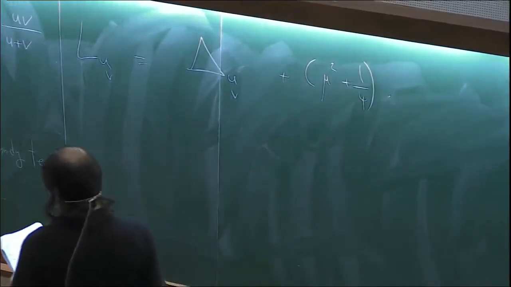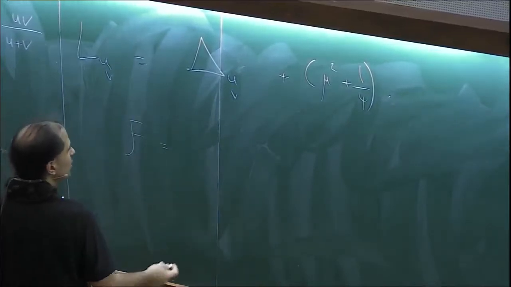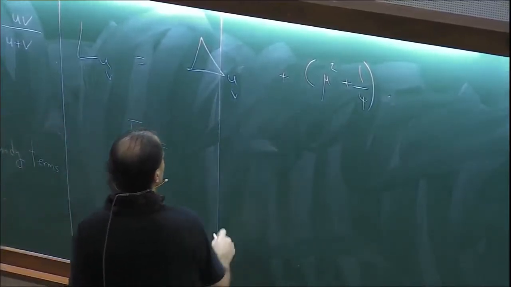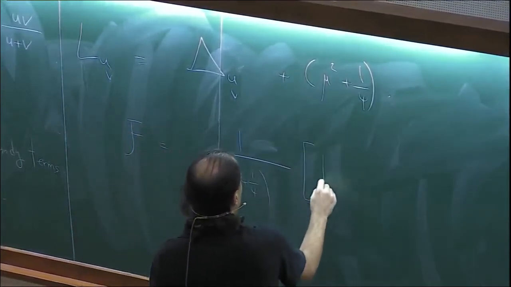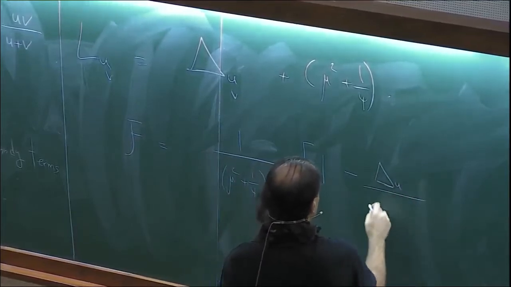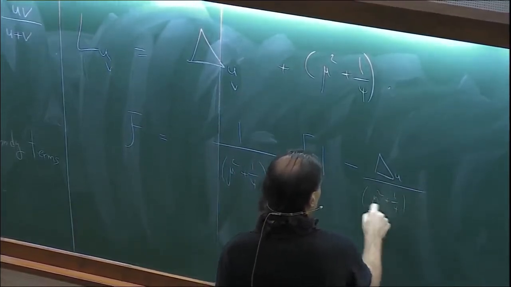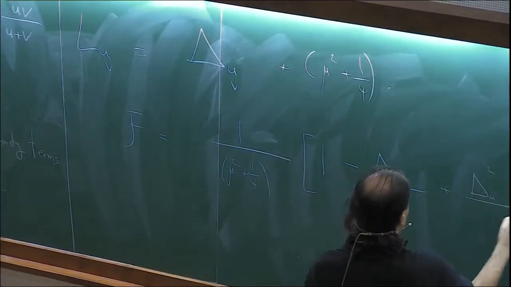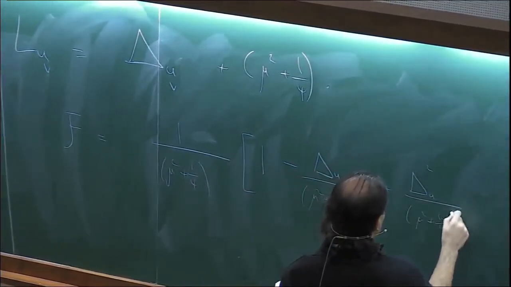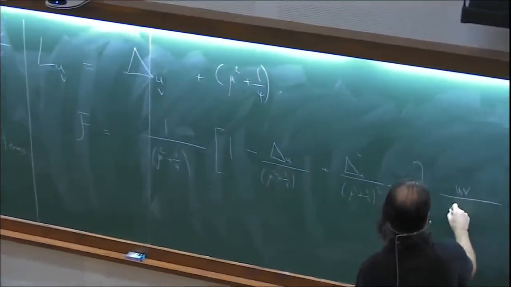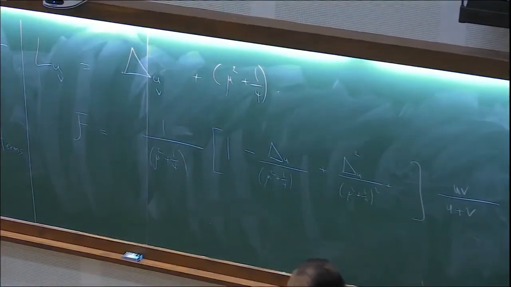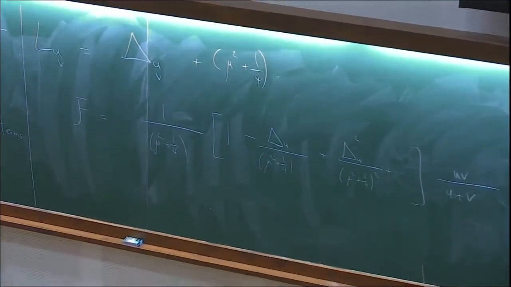Clearly I can write F equal to 1 over mu squared plus a quarter, then 1 minus delta_U over mu squared plus a quarter, plus delta_U squared over (mu squared plus a quarter) squared, plus dot dot dot, just formally inverting, acting on UV over U plus V. I'm just inverting the operator and expanding it.